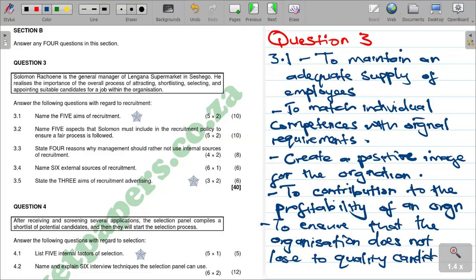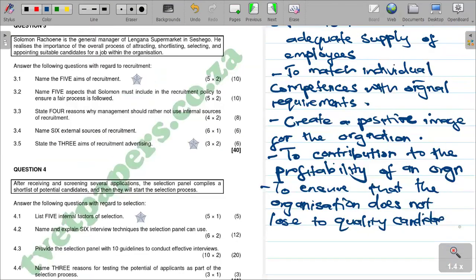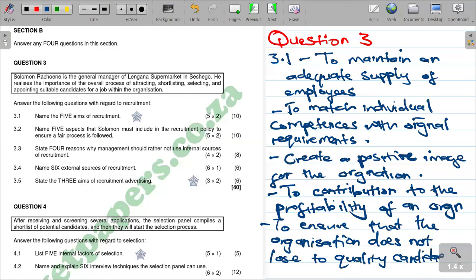That's why the organization recruits, so that it will not lose out to quality candidates. Right, let's go to 3.2.